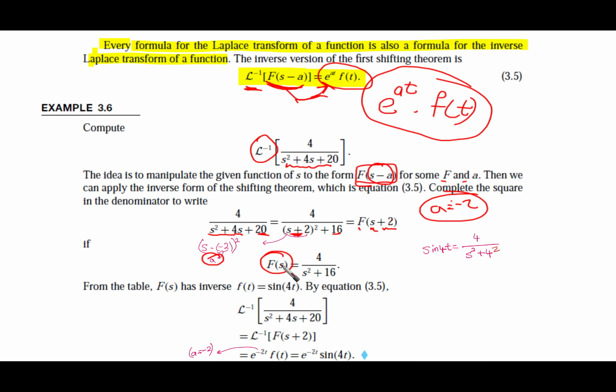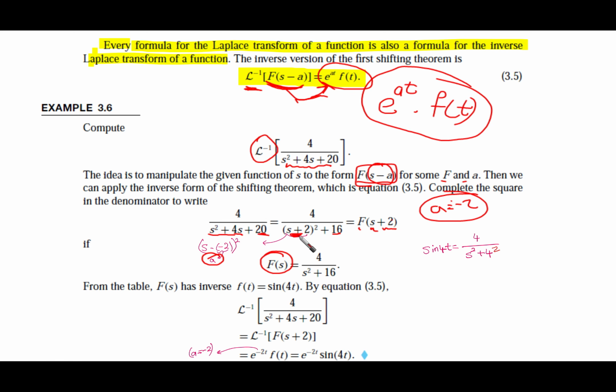So F of s equals what? This is what we know from the table. That is, if we have 4 over s squared plus 16, from the table, this is what we are having in order to make the first shifting theorem.